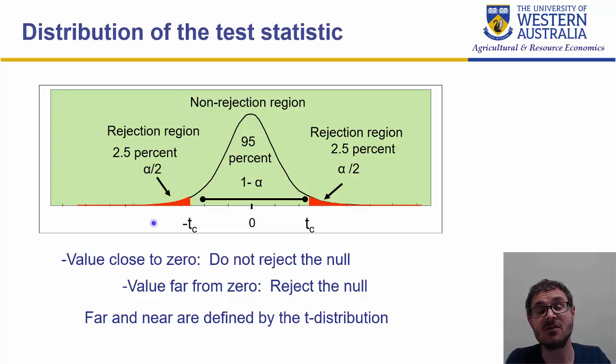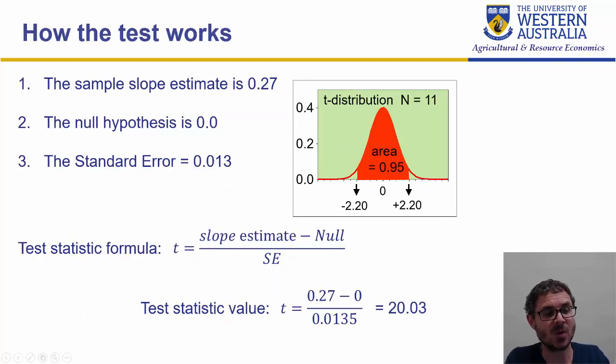It's just far from 0 that is going to generate our result. So what do we have? We have our estimate of the slope, 0.27. The null hypothesis is 0. The standard error of the slope, 0.013. Plug all these values in: 0.27 minus 0 divided by the standard error gives us 20.3, which was the value that we saw in the regression output.